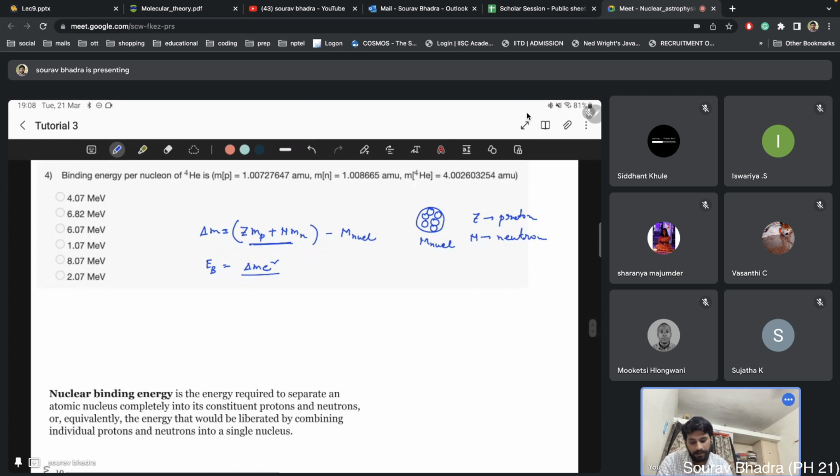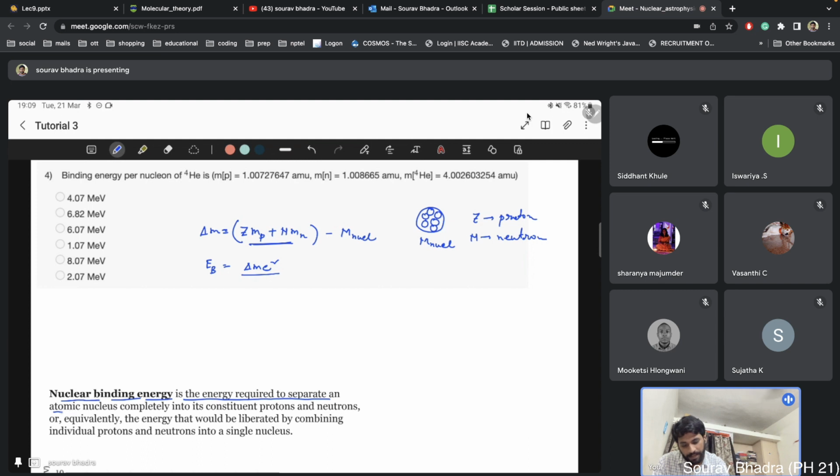So that's why I have taken it from the internet. The nuclear binding energy is the energy required to separate. You can think of it as separation also, that the nucleus is there and now I want to separate all the protons and neutrons from that combination in the nucleus. So you have to supply some energy. So that is called the nuclear binding energy, which helps to bind the nucleus and protons.